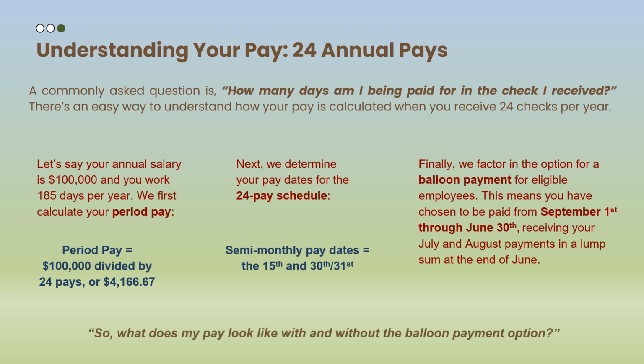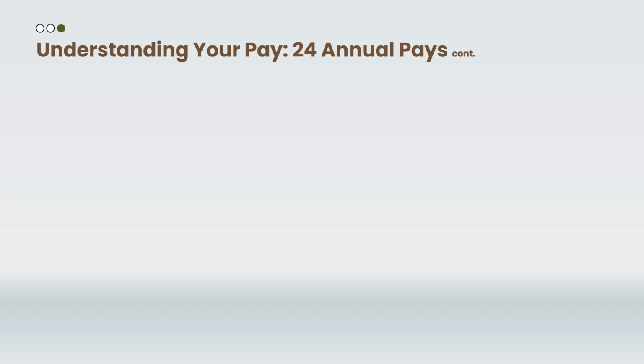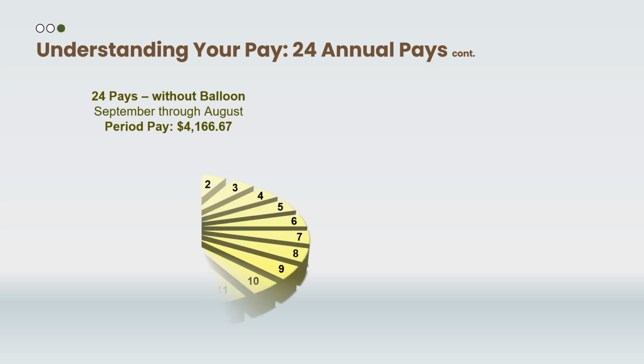So what does my pay look like with and without the balloon payment option? Let's apply the example from the previous slide to a simple visual. Employees receiving 24 pays from September through August at the period pay rate of $4,166.67 are represented in equal installments twice a month.